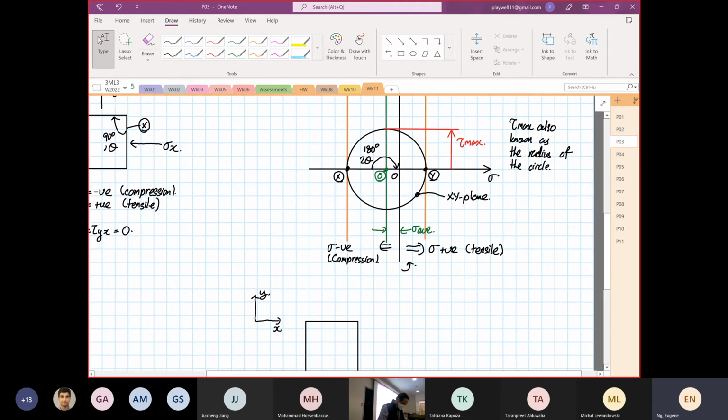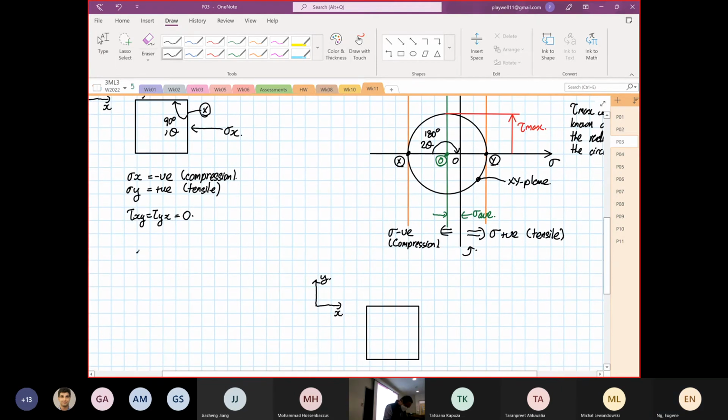So on the element it is theta, on Mohr circle it is 2 theta. Very, very important. So we learned quite a few things now, right?